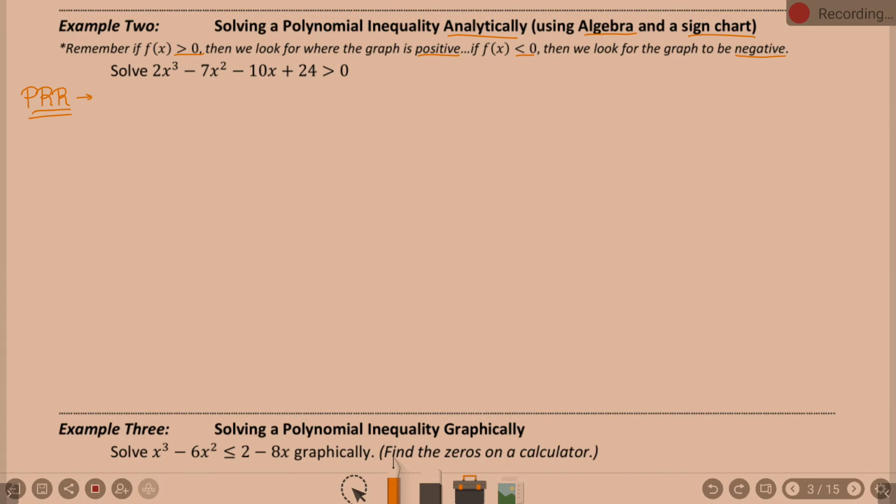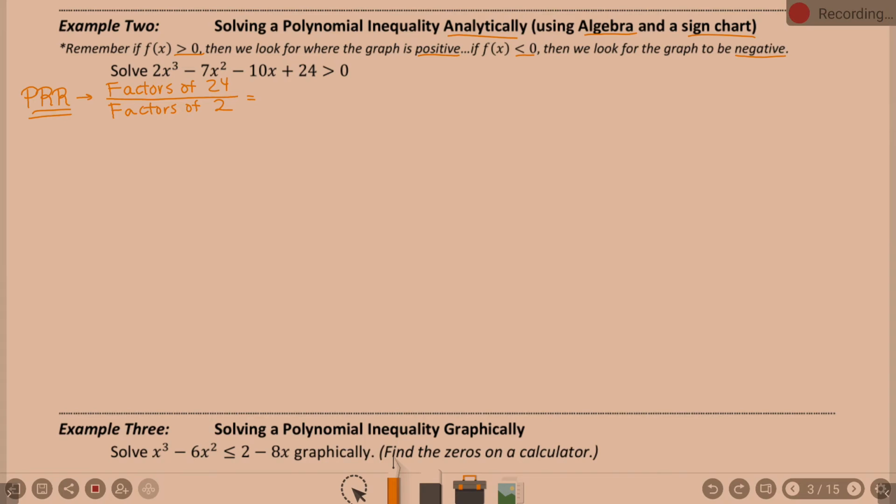So factors of the constant over factors of the lead coefficient. That means in this case we're going to do factors of 24 over factors of 2.